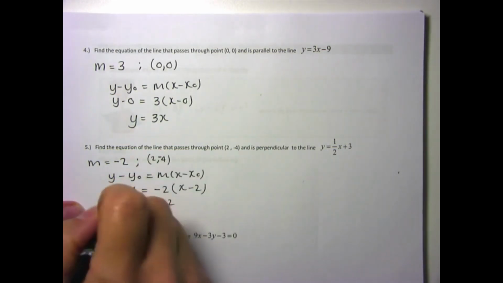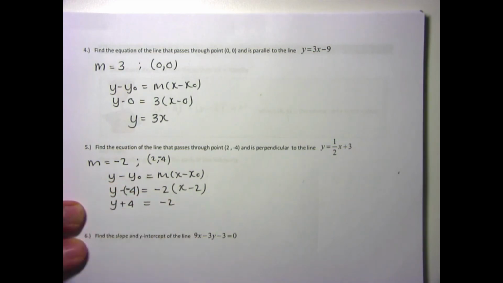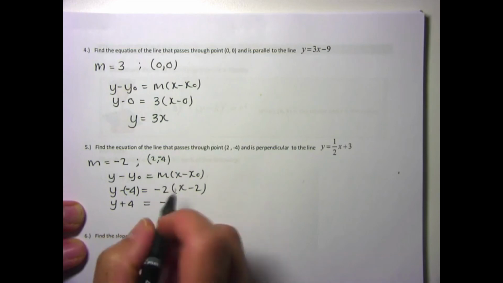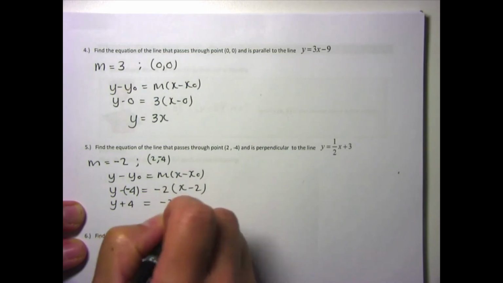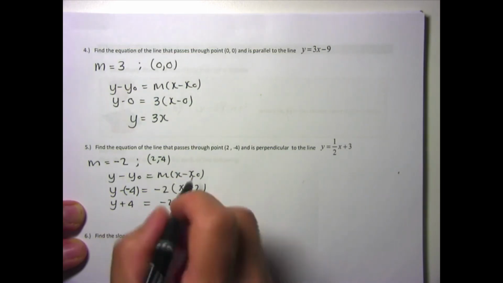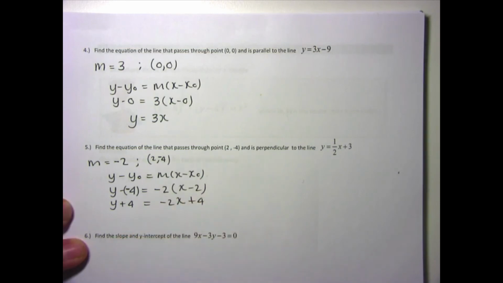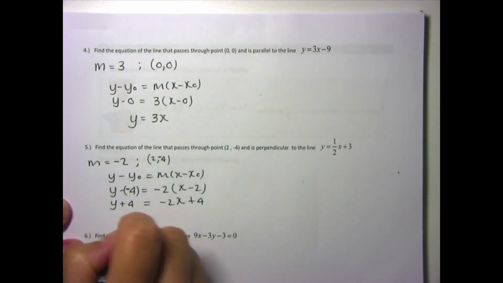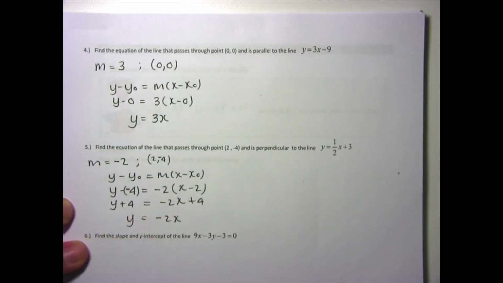Yes, so this becomes minus negative 4, so it becomes plus. Thank you. All right, negative 2x, and then negative 2 times negative 2 becomes positive 4. All right, and so finally I'm going to have to subtract 4 from each side to get y by itself. So y is equal to negative 2x.